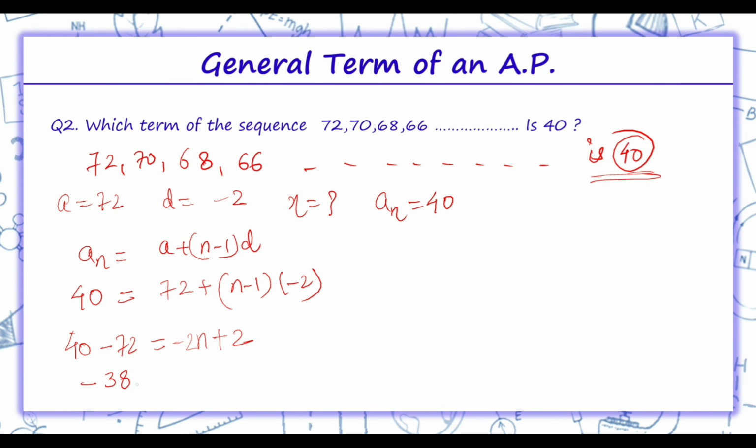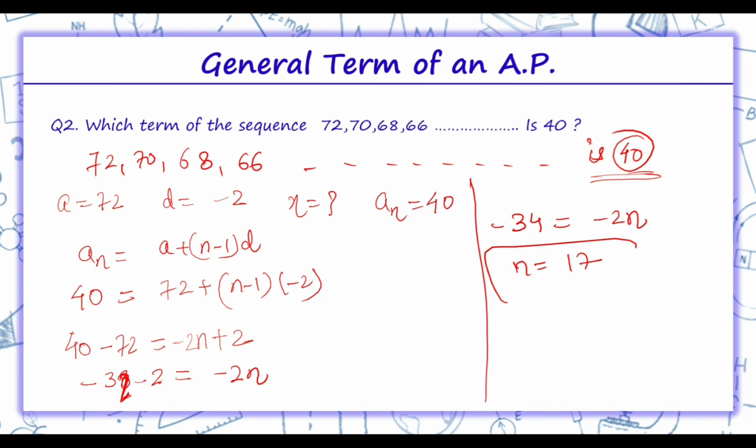Similarly, this 2 will shift over here. 40 minus 72 minus 2 is equal to minus 2n. So we'll get minus 34 equals minus 2n. So n is equal to 17.